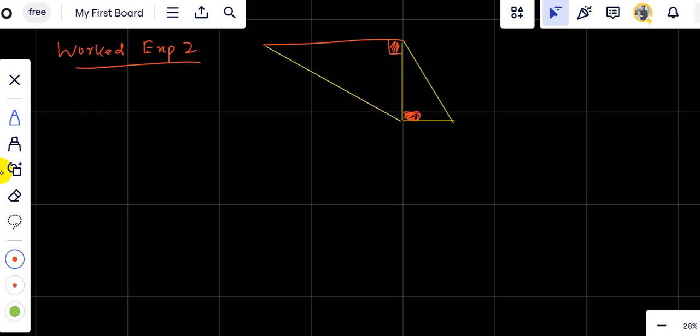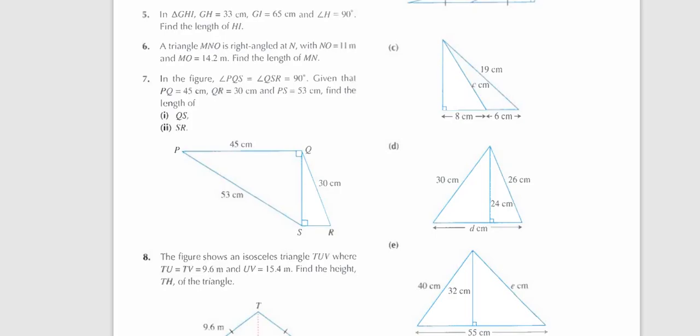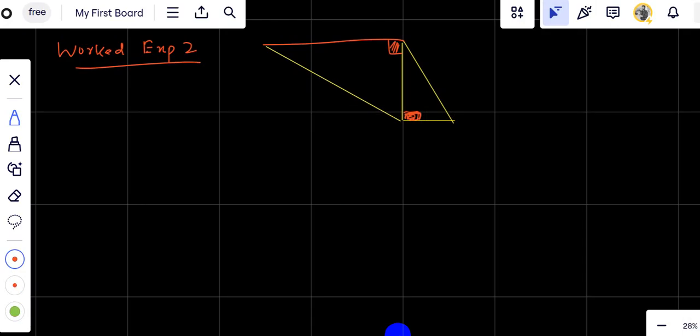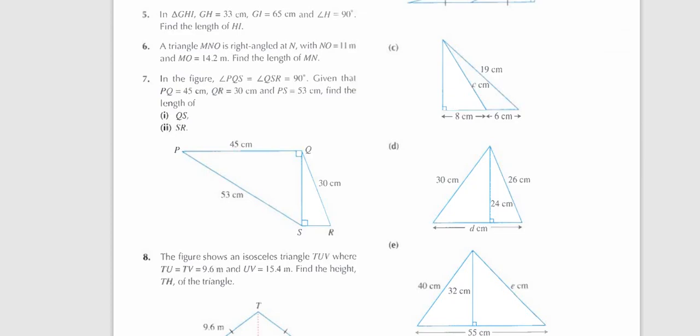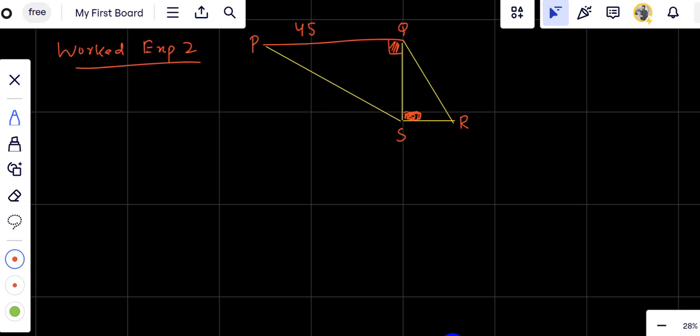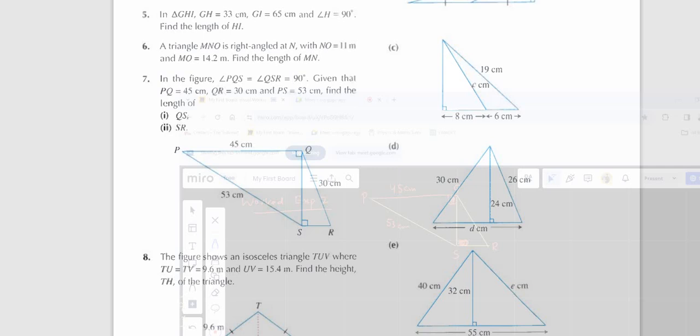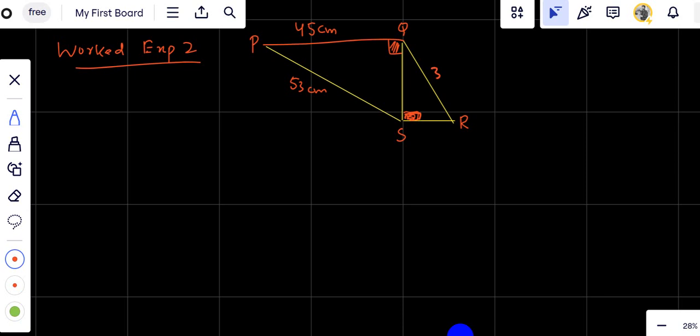So this is a composite figure, right? We can label it as P, Q, R, and S. Now the lengths of these triangles are, this is 45 centimeters, this length is 53 centimeters and this length is 30 centimeters. So this is all the information we have.